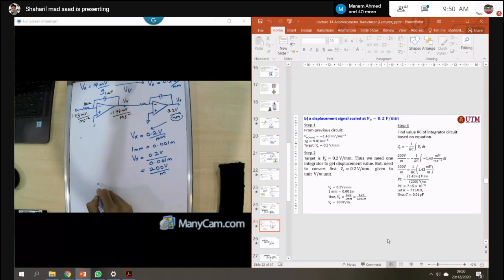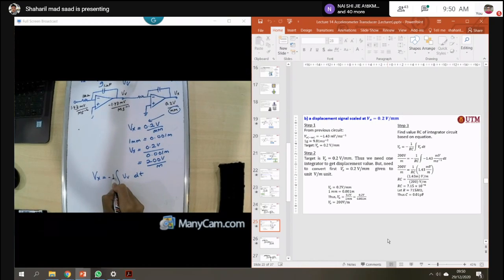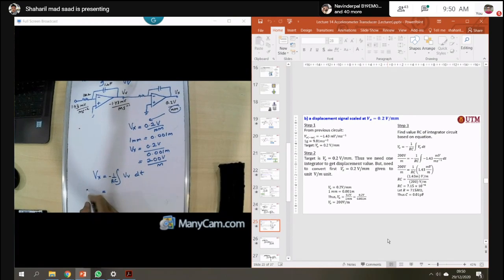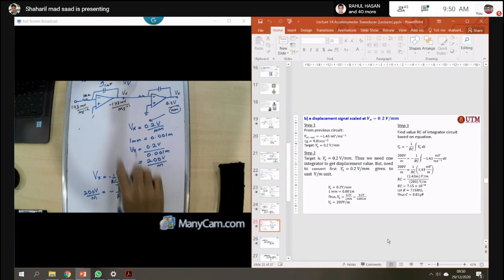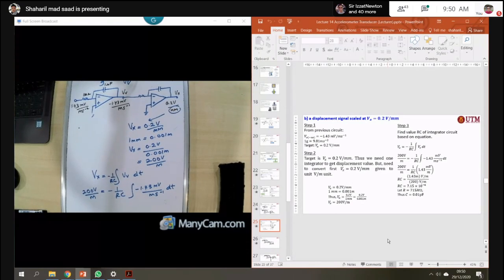So now you can get Vx here. You integrate Vv dt. Then you will have minus 1 over RC here. The Vx here, you got 200 volt per meter, equals minus 1 over RC, you integrate Vv, which is here 1.43 millivolt per meter per second, dt.